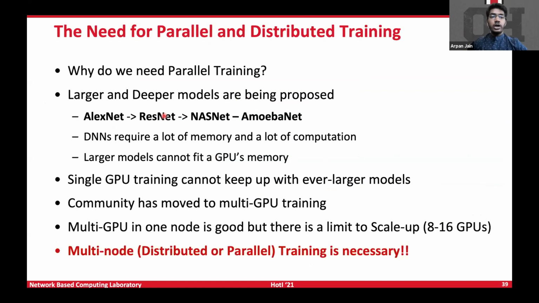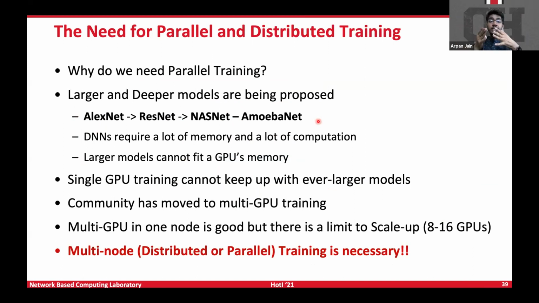Okay, so now we know DNN training, and we know that larger and deeper models are being proposed every day or every week. We started with the AlexNet model, which had only 7 layers. Now we are at AmoebaNet, which has thousands of layers.